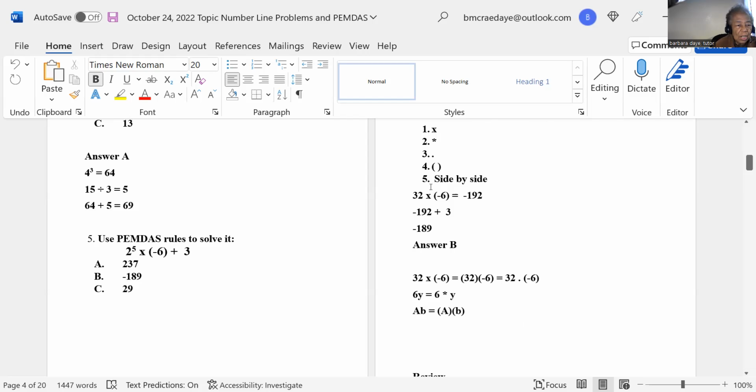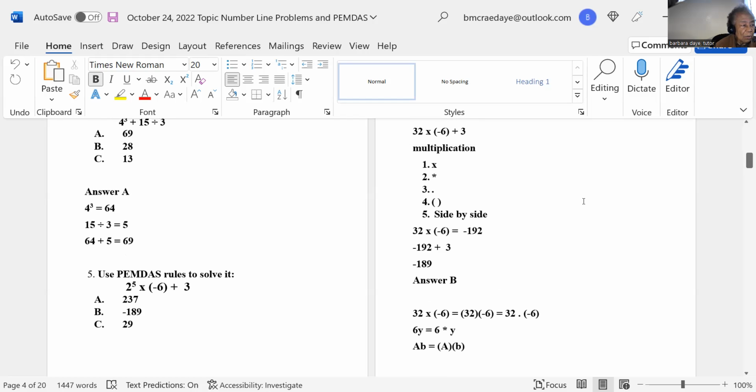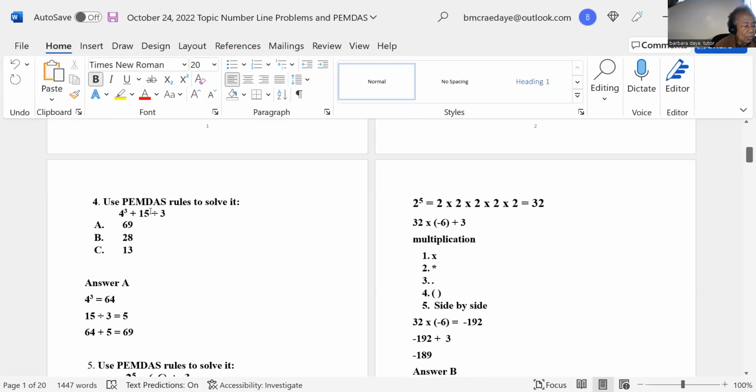And what you did here, you added these. But in order for this to be an add, this would have to be a plus sign. So for adding it's plus, for subtracting it's minus, and for division, it could be a number over a number, or a slash, or the division symbol, like this one right here.